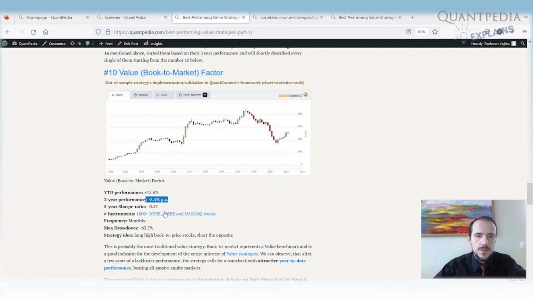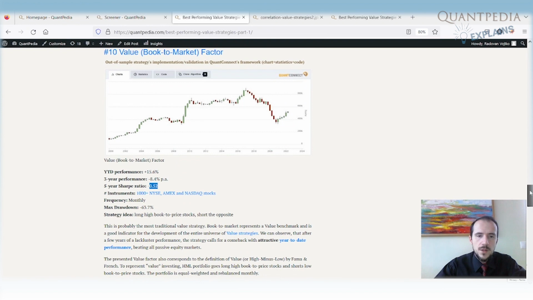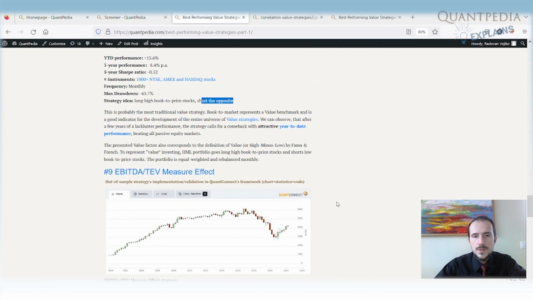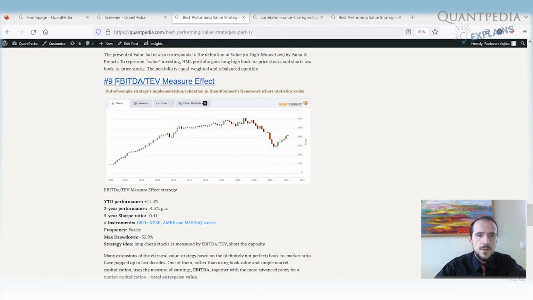This 3-year performance and 5-year ratio show the fact that value had really bad years in 2018, 2019, and 2020, and after that the value factor had a significant turnaround, and the strategy once again performs very well. The strategy is very simple. It's the Fama French factor, so we are going long high book to price stocks, and we short the opposite. So it's very simple.